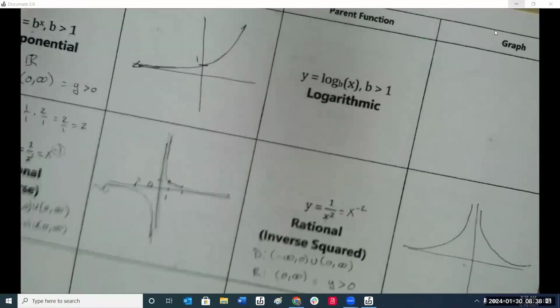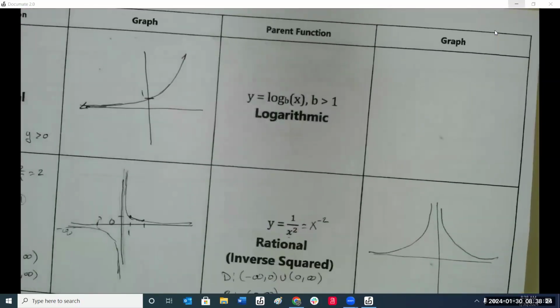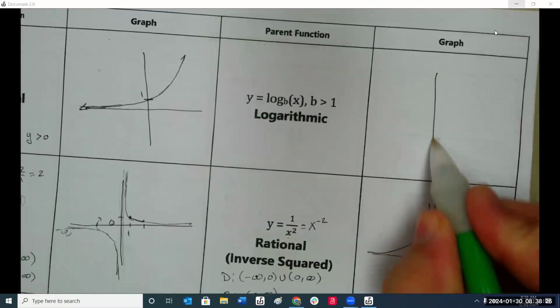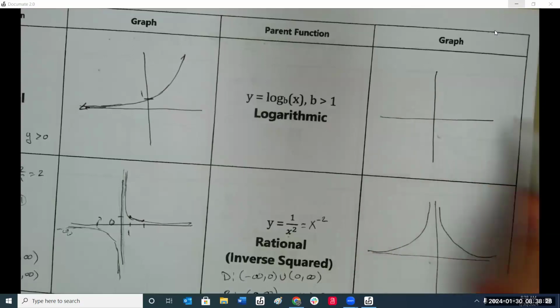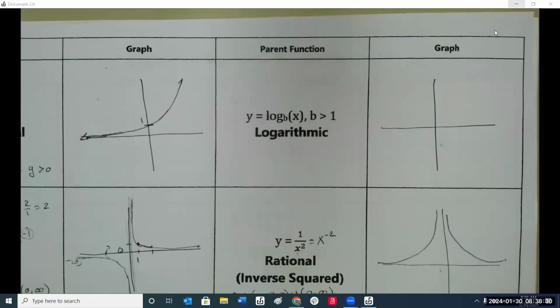All right. How about logarithmic equations? What do they look like? How many types of logarithmic functions are there? This is a review of algebra. More or less than 10?